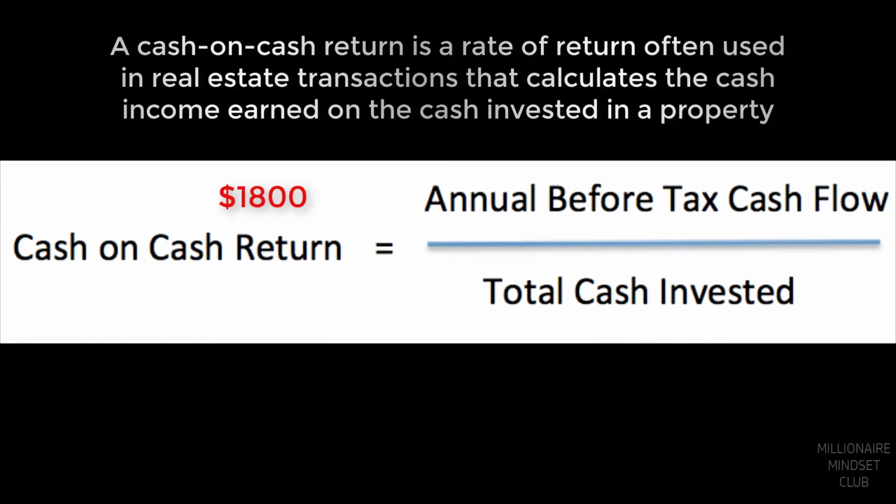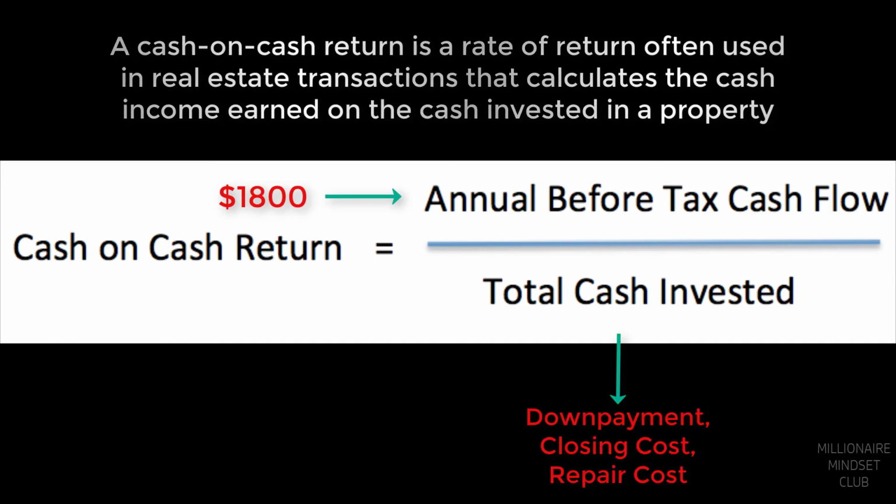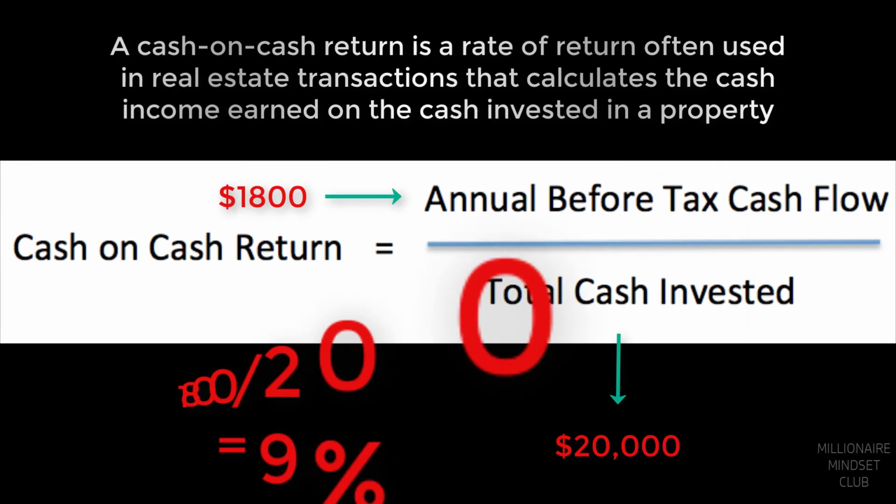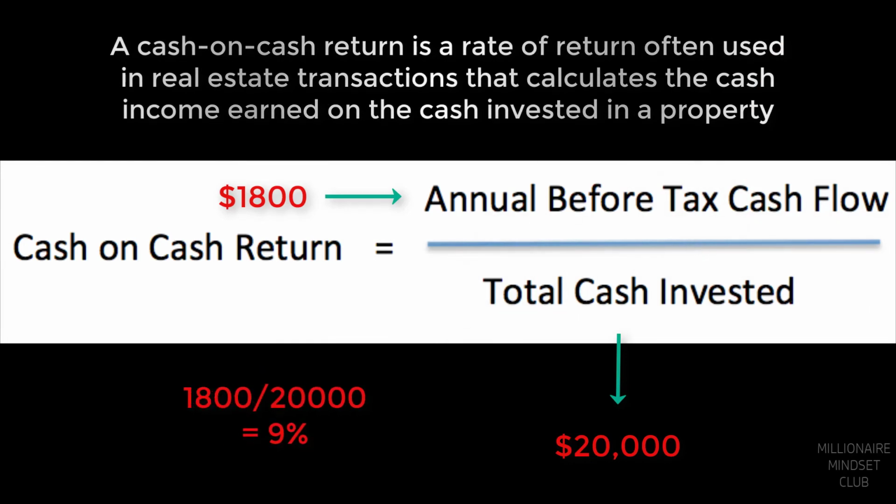We know the annual cash flow. What about the total investment? Total investment is the total down payment you made to buy the house plus all the closing costs and any repair costs there might be. In this example, I will use $20,000 and we plug all this in the formula. Cash-on-cash ROI equals $1,800 divided by $20,000 equals 9%.